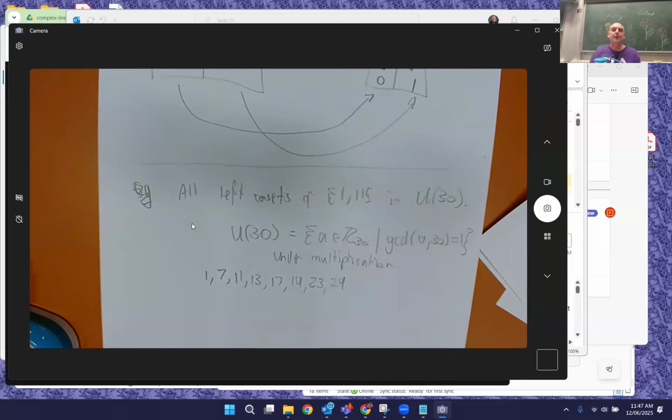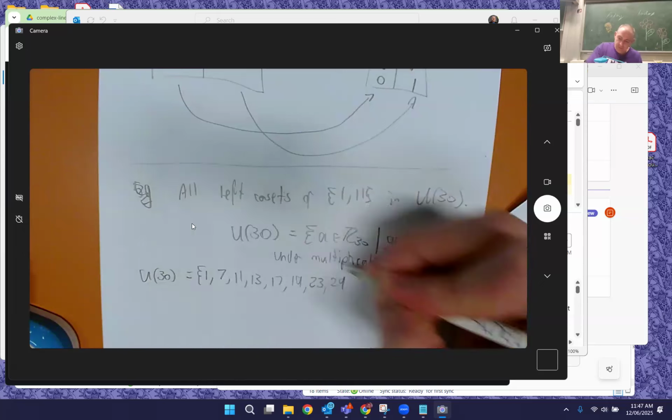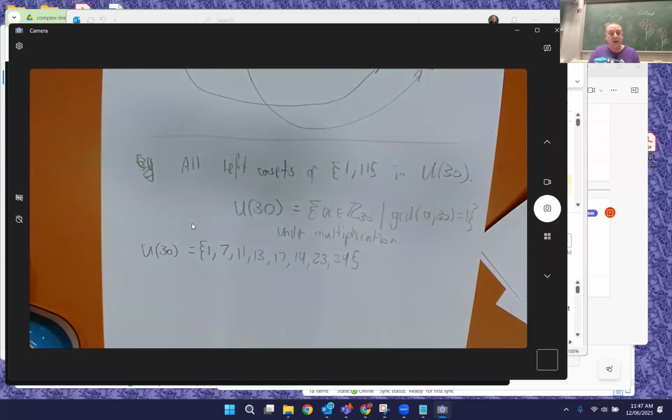Okay. Wow. So pretty much the prime numbers, but the things that aren't multiples of 2 or 3, or 5. Yeah. Okay. And apparently {1, 11} is a subgroup.